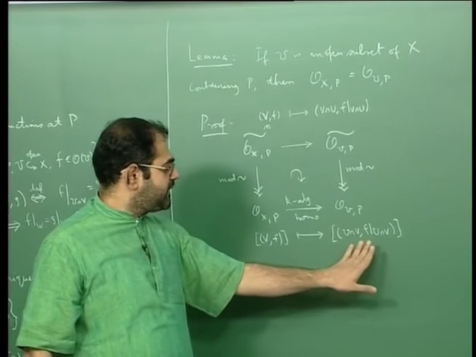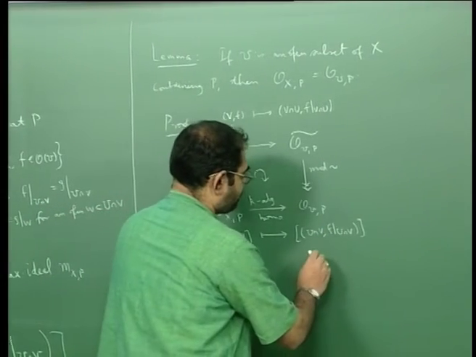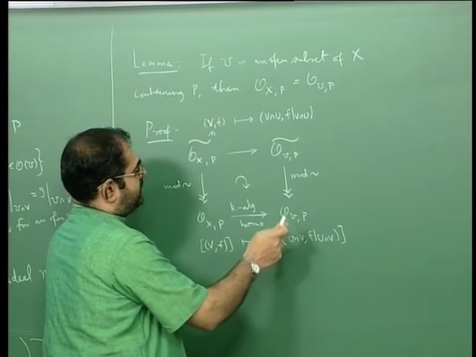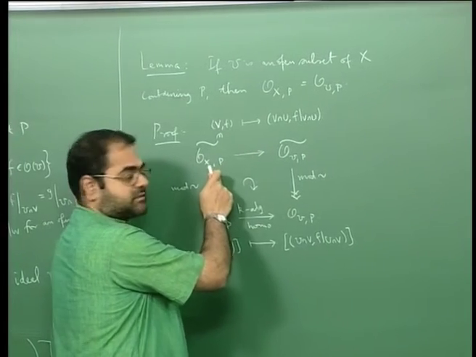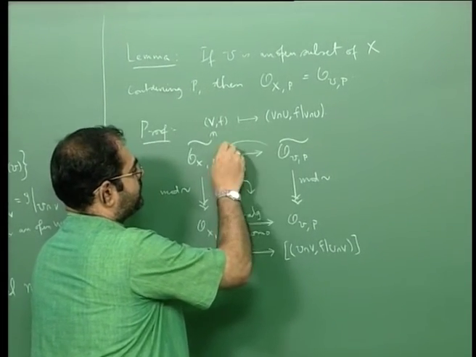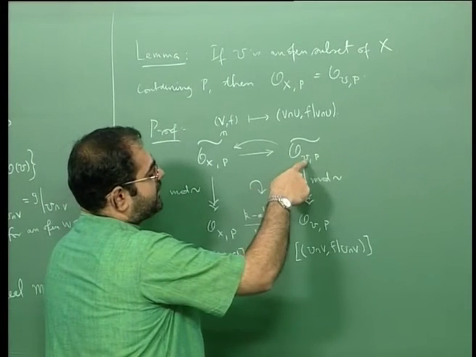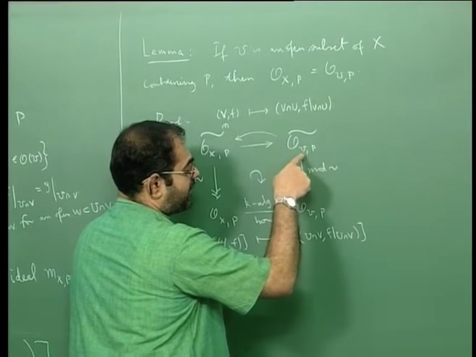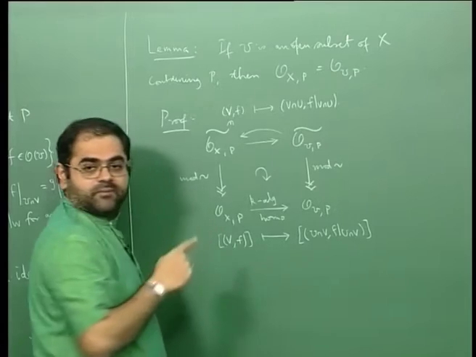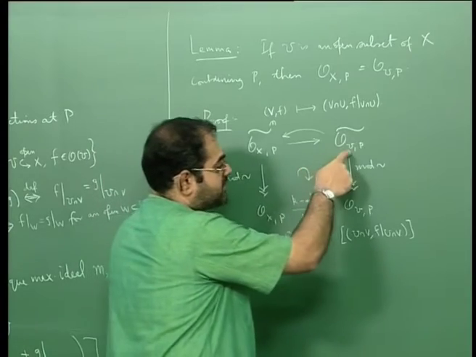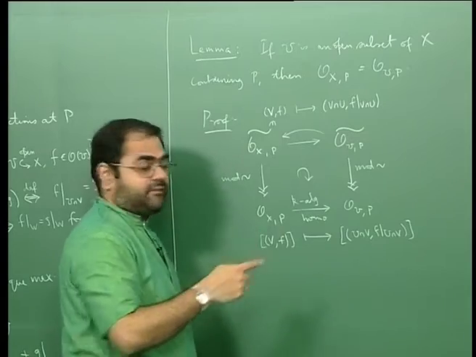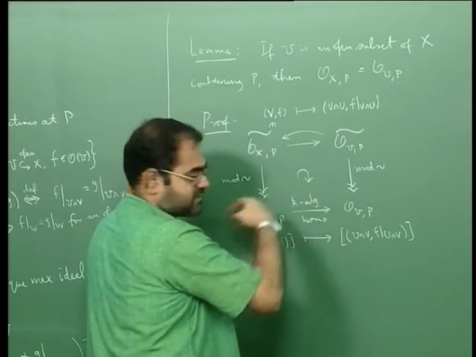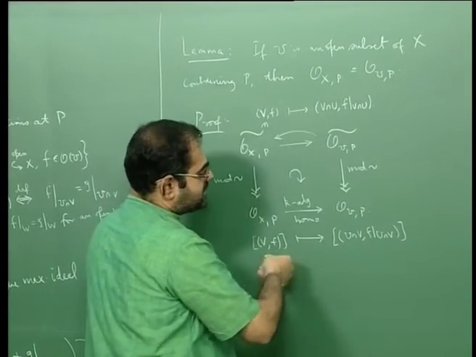And then how will you get surjectivity? If you give me anything here, the beautiful thing is anything here is also an element here. So actually there is a map in this direction also, namely if you give me a regular function defined on an open neighbourhood of P inside U, that is also an element here. So there is a reverse map, and that is the reason why it is surjective.